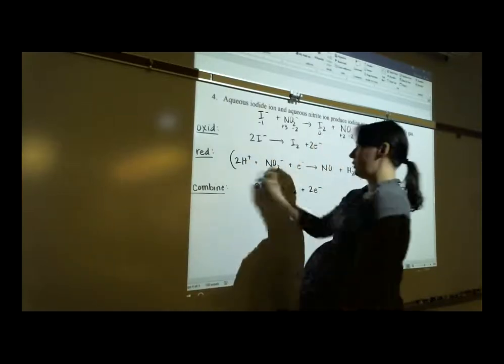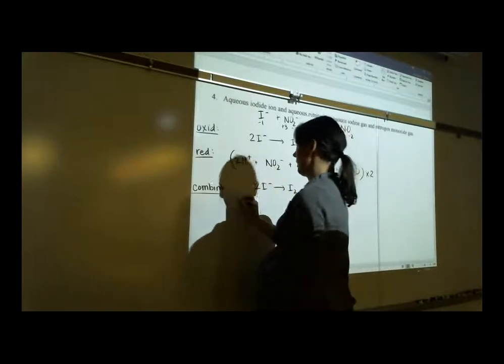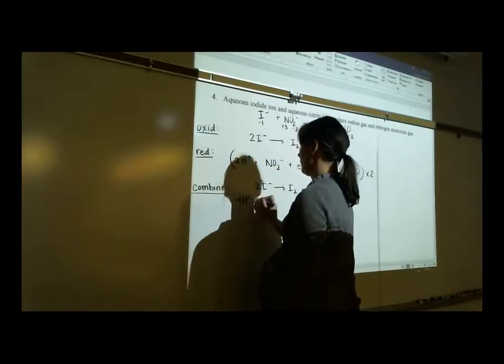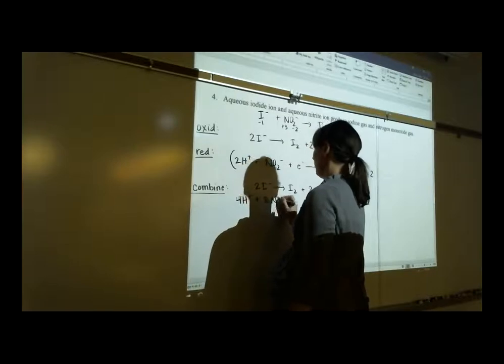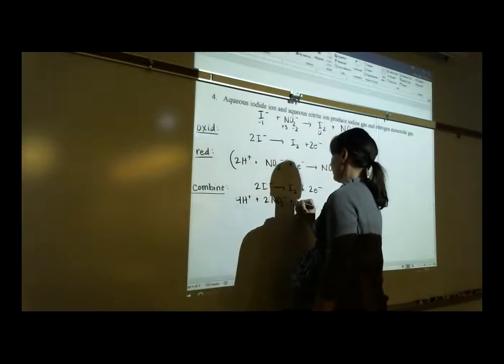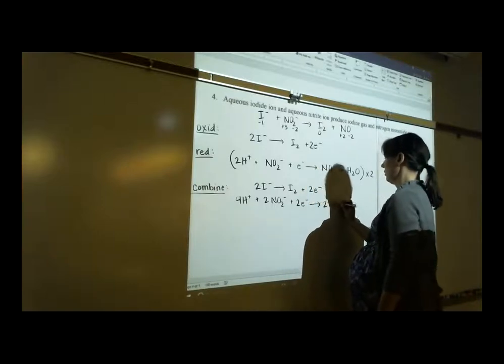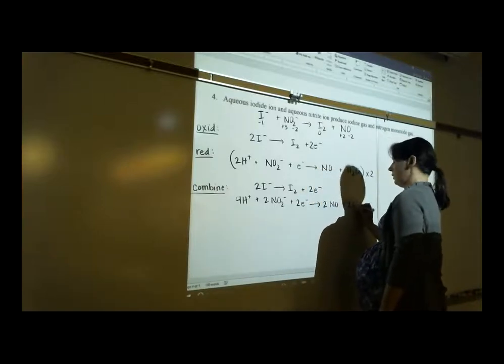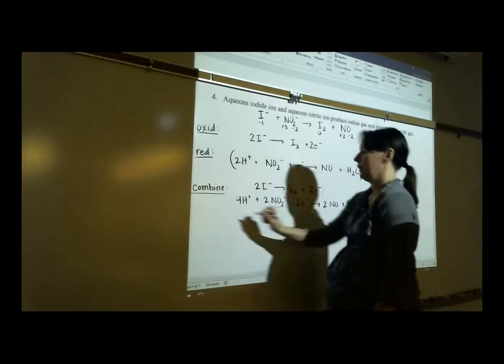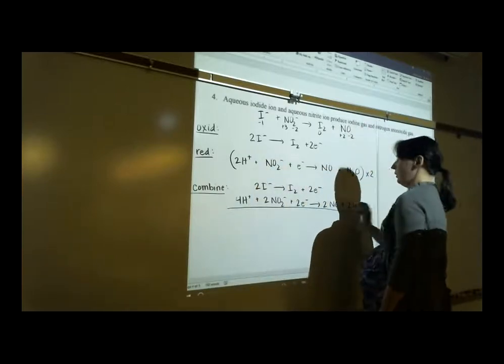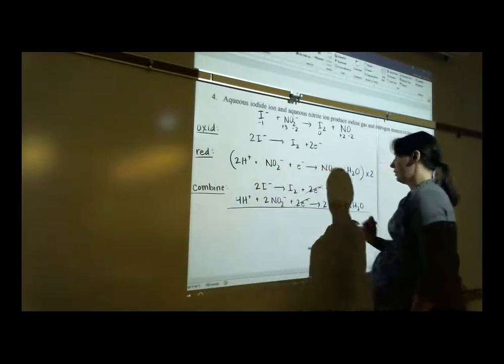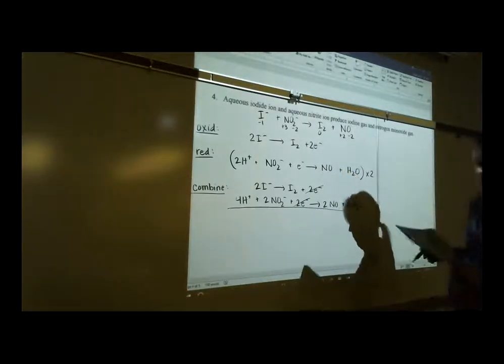And then I'm going to multiply this one by 2. So that gives me 4H+ plus 2 NO2- plus 2 electrons, 2NO plus 2 H2O. Now I'm ready to combine. Electrons cancel. Nothing else to worry about canceling.